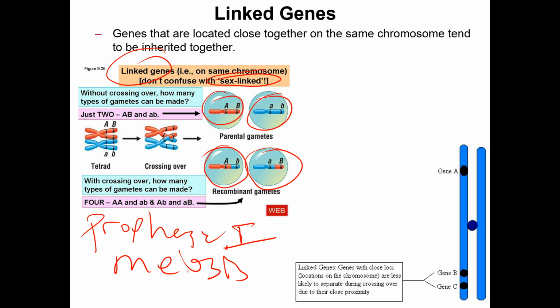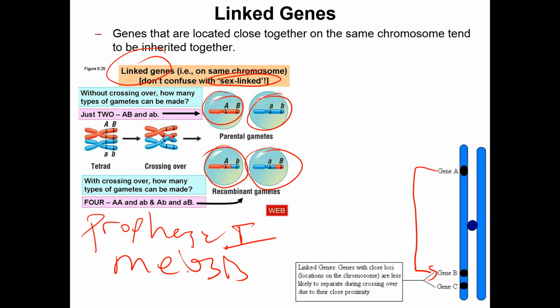So how exactly does this idea of crossing over tie into gene linkage? Here's the idea. The further apart two genes are from one another, for example genes A and B, the greater the likelihood that recombination will take place.